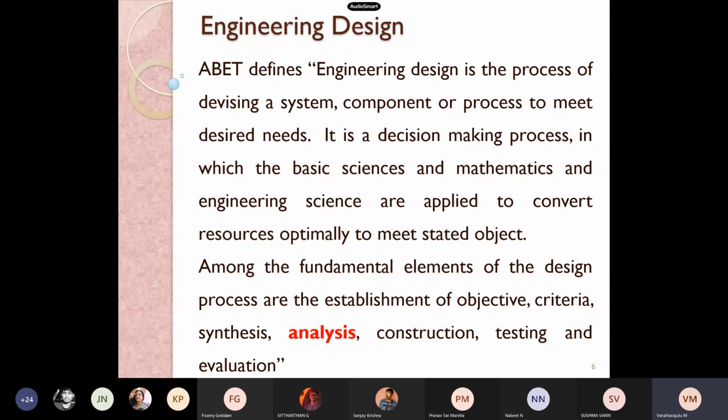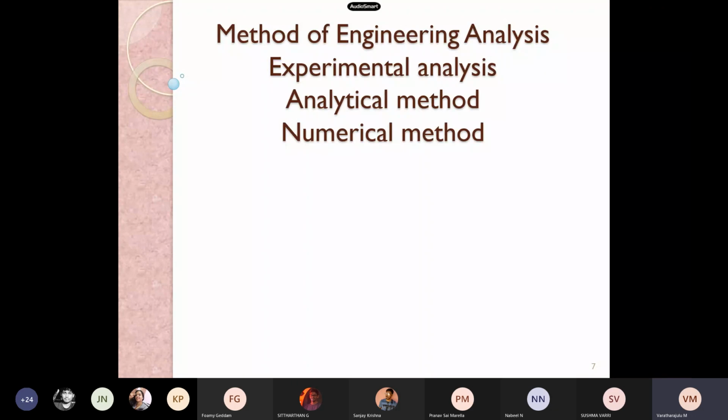The safety is very essential, and the product or a construction should have reliability, and that is the major concern of engineering analysis. The methods of engineering analysis might be classified into many: experimental, analytical, or numerical.